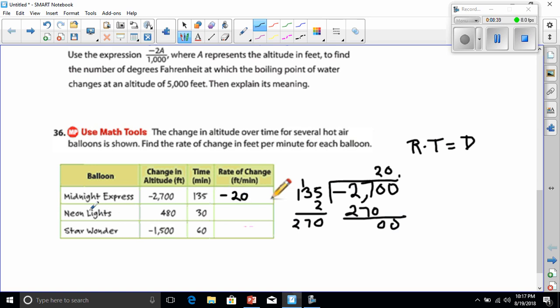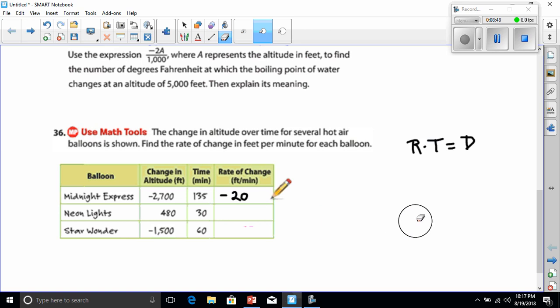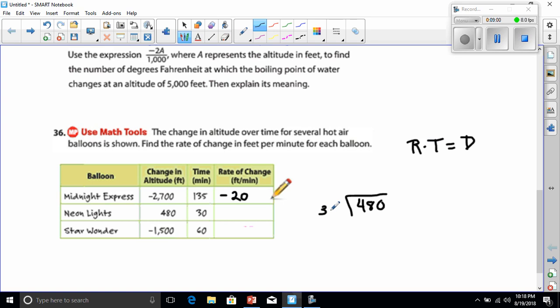Next, let's go with neon lights. We've got 480, and I'm just going to go ahead and erase this here. If we take 480, once again, that's our distance. We're going to divide that by 30. Well, 30 goes into 48 one time, and gives us a remainder of 18.